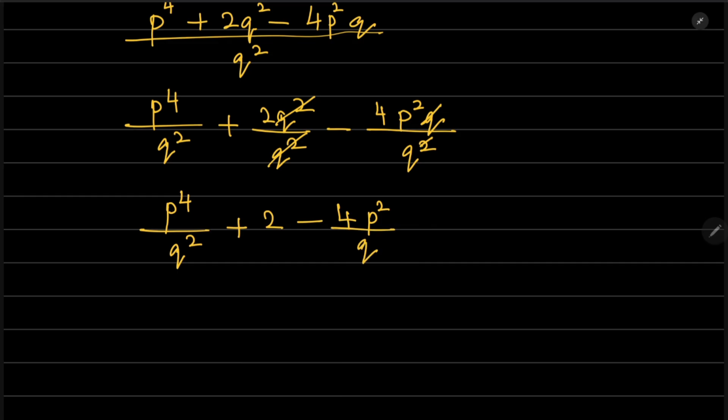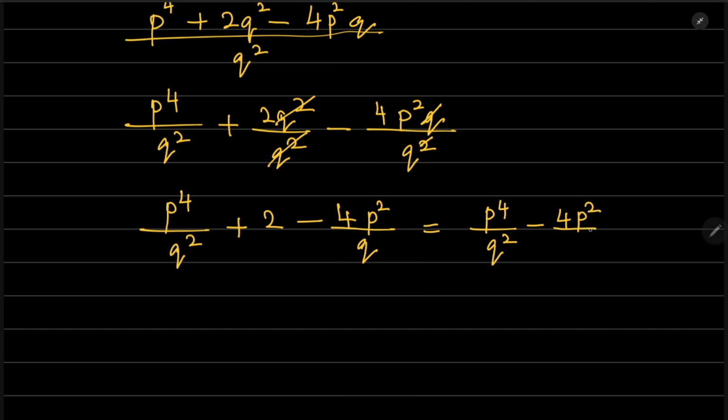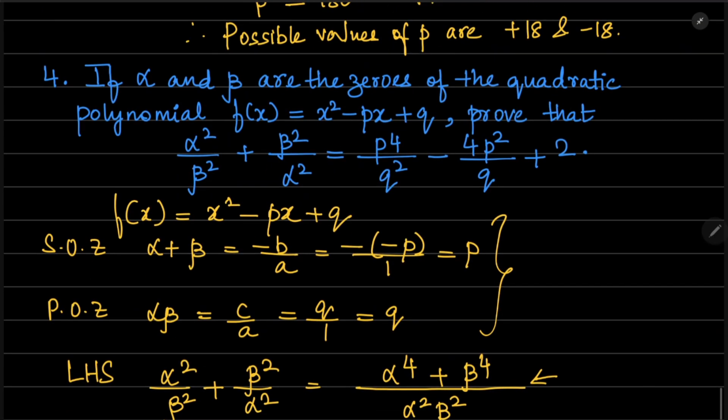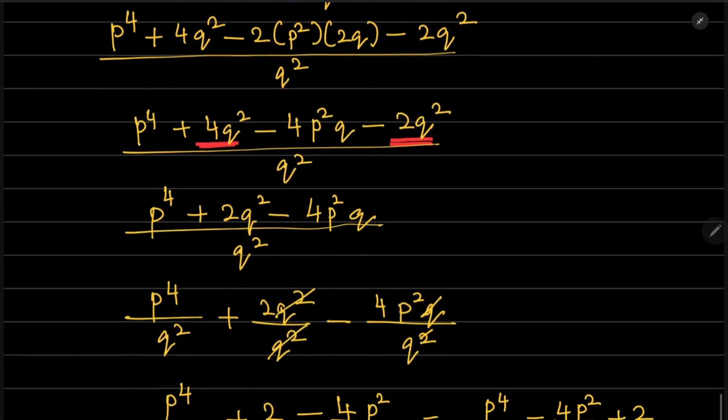This should be your RHS. Probably you'll have to rearrange it and write p to the power 4 by q square minus 4p square by q plus 2, which is asked in the question. So this is your RHS.